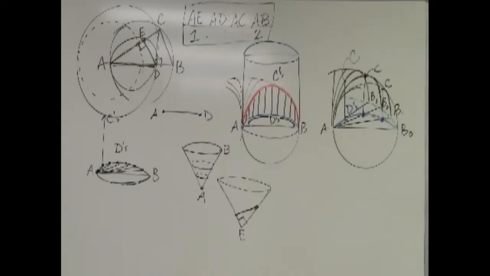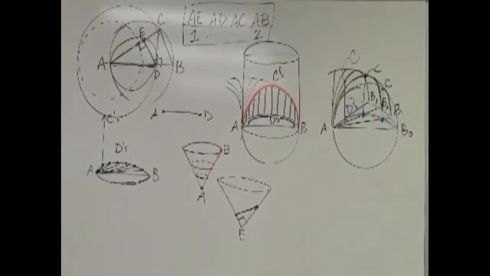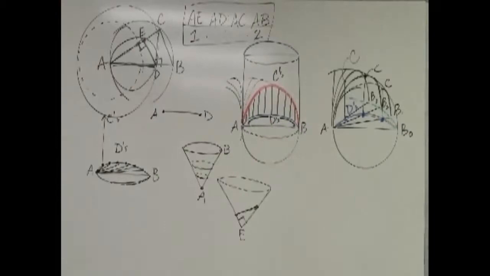And I'm proposing that we've got the various different lengths of AD along the diagram in the bottom left, where you have line AB and then that semicircle with the D's on it. And if you made a circle perpendicular to that plane with A and D as the endpoints of the diameter.